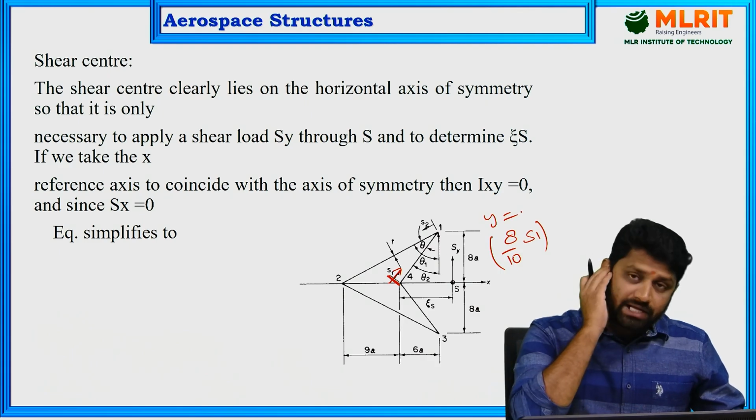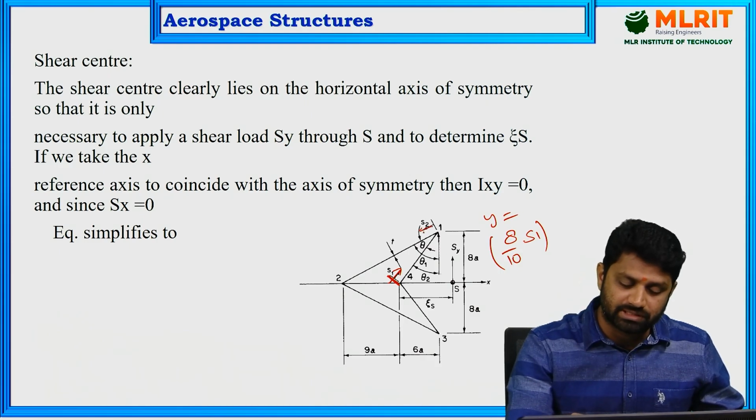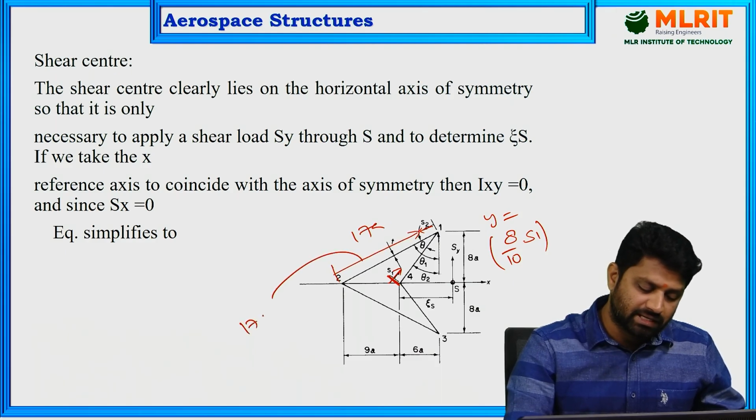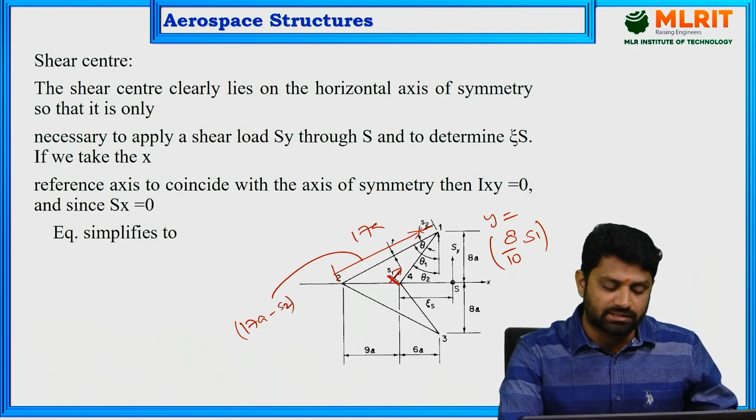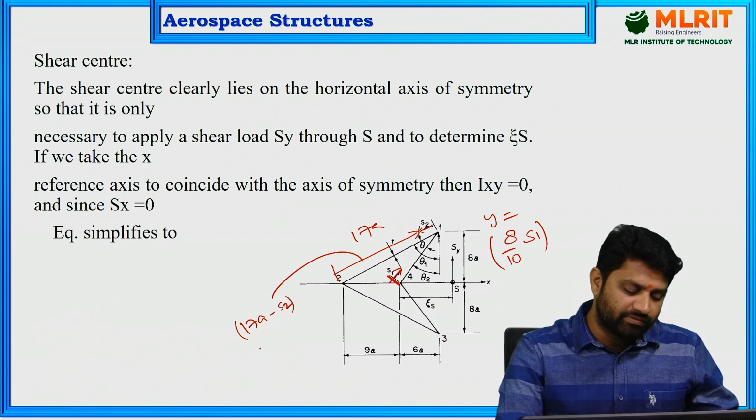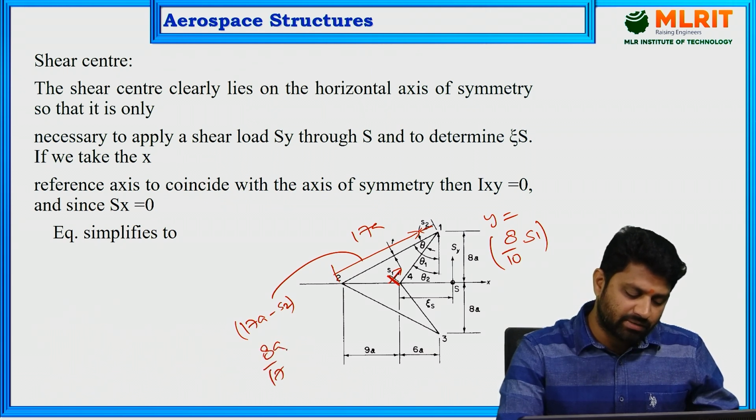Whereas for this distribution s2, it is taken from here, and first of all the total length is 17a. So the distribution from here to here becomes 17a minus s2. This we have to consider first, followed by the y distance. What is that y? We got 8 by 17, in fact 8a by 17a, and 8a will get cancelled.